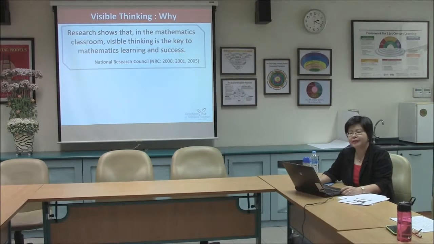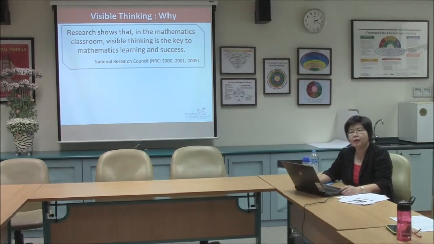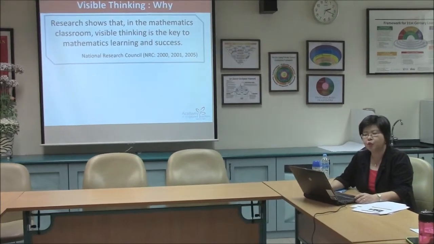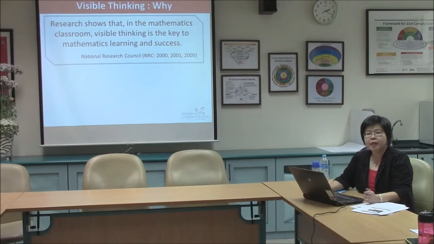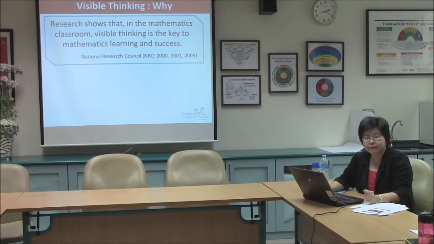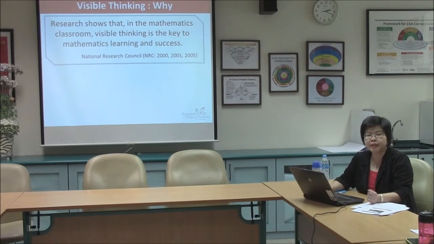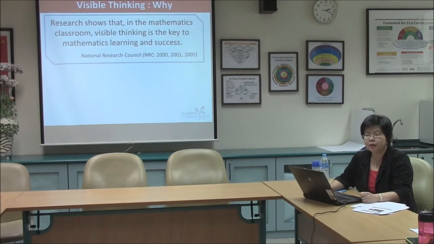Research has shown that in the mathematics classroom, visible thinking is a key to mathematics learning and success. Why is this so? Because if thinking is visible to the students as well as to the teacher, we are very clear as to what they have learned and what they have not learned. Students are also clear: what have I learned, what have I not learned.